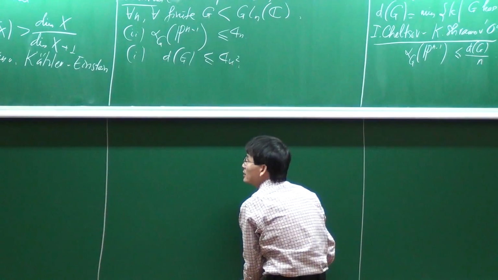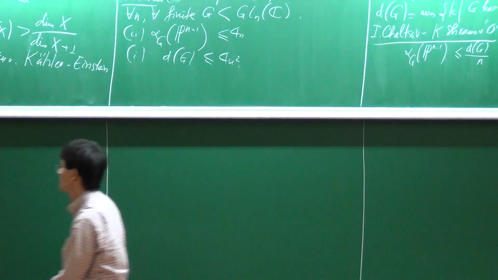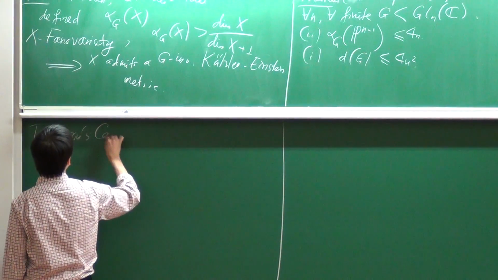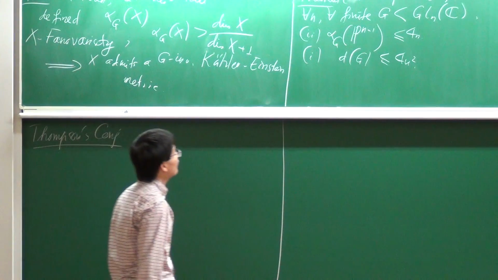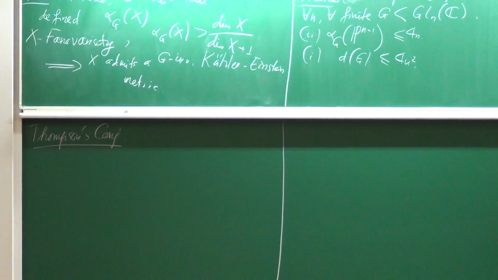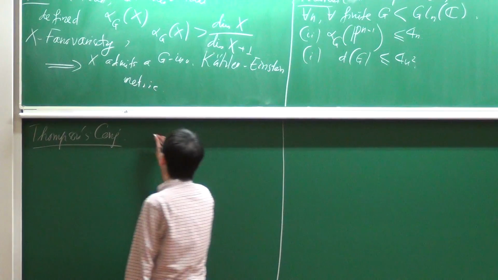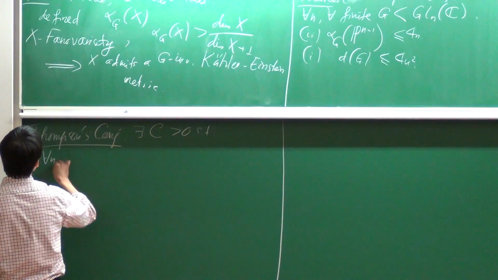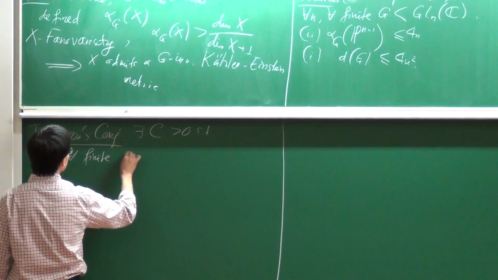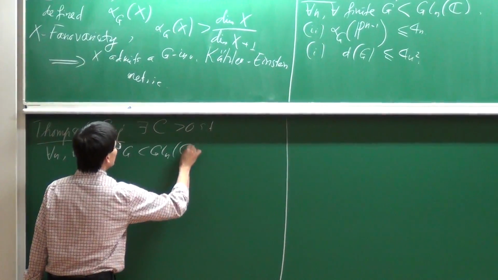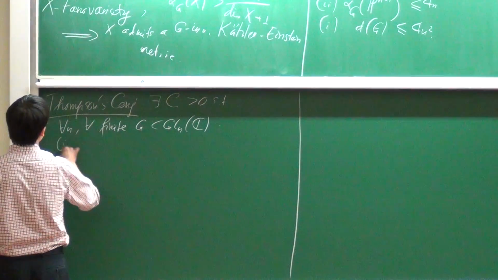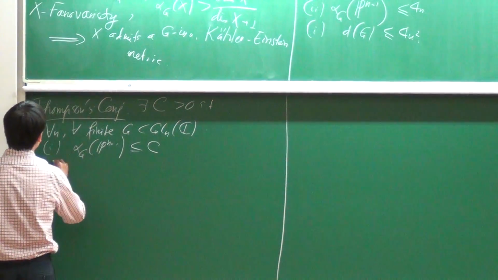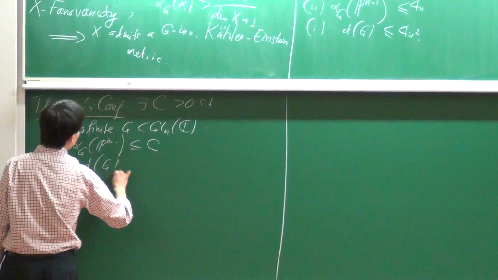So in the same paper, Cheltsov and Shramov created the following conjecture. That in fact the alpha invariant should be bounded universally, not depending on your n. So there should be an absolute constant C such that for finite G in GL_n(C), the alpha invariant is bounded by C, and d(G) is bounded by 4 times n.